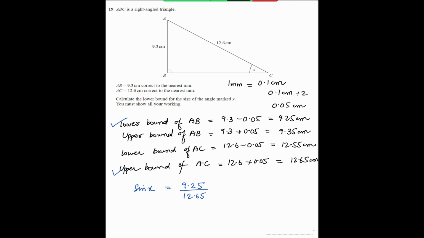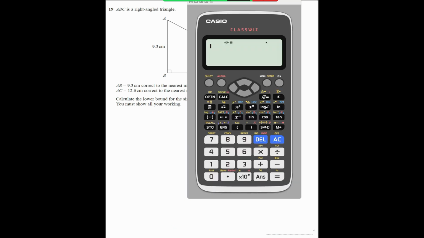So that will give you X equals sine inverse of 9.25 over 12.65. So X would become, press shift and then the sine key, sine inverse of 9.25 over 12.65, bracket close, equal, 46.989.